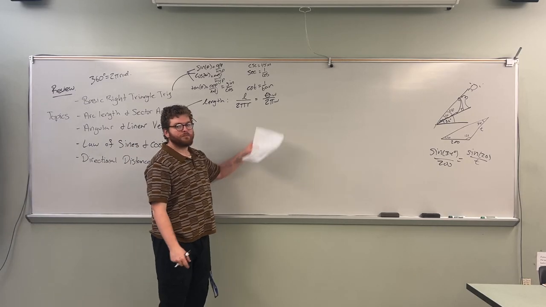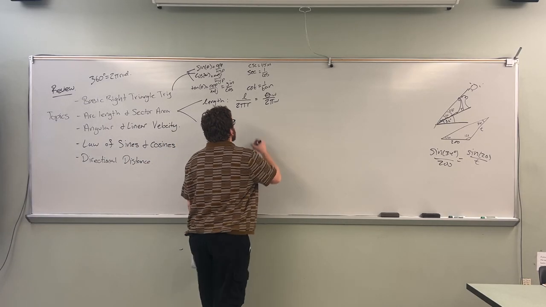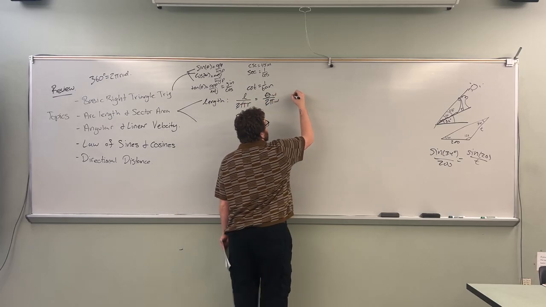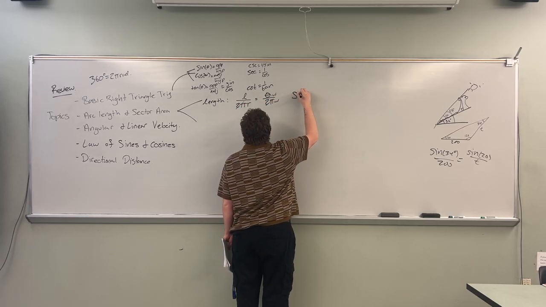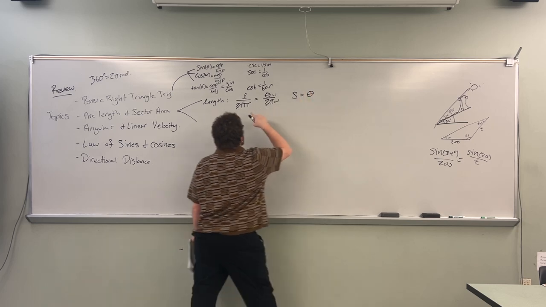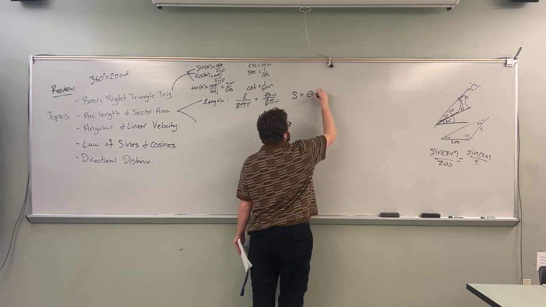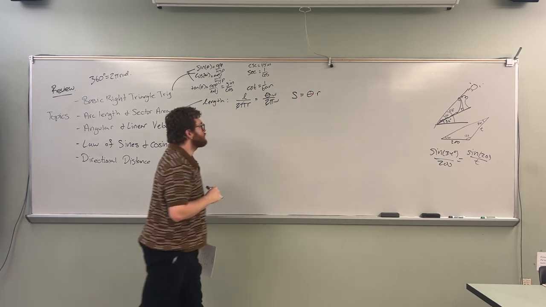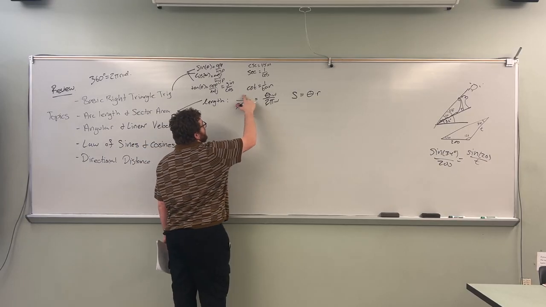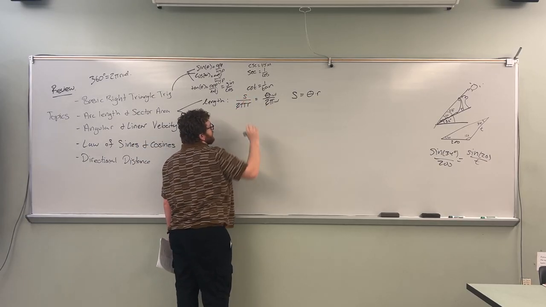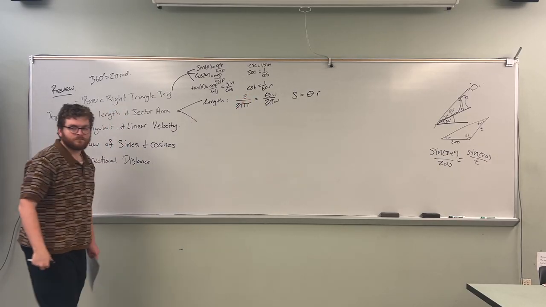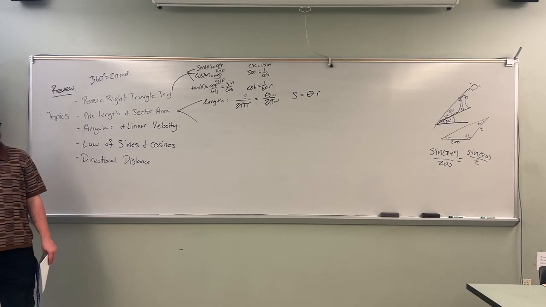With this, I have a 2 pi on the bottom of both sides, so I can cancel it. I get that arc length, which we write as S, is equal to theta, and I move the r over here times r. So that's an important formula to know.